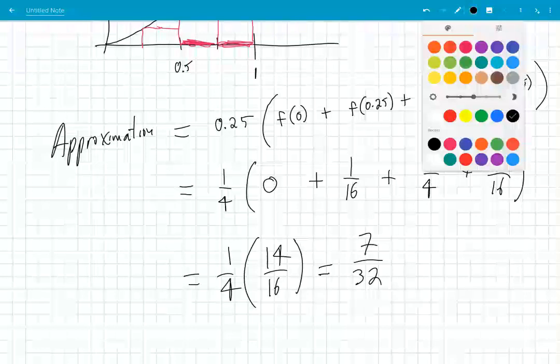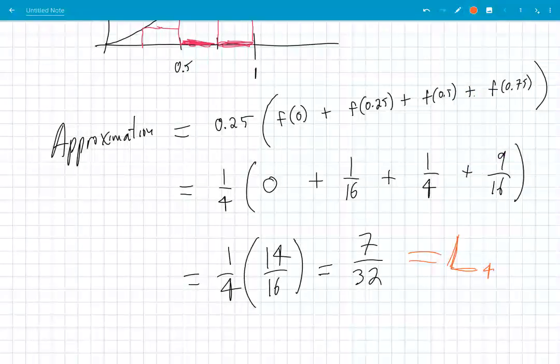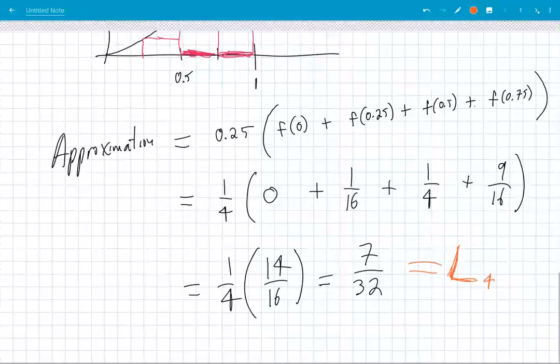Okay, so we use left endpoints here, and we're going to call this L4. L for left endpoints, and then 4 because we had 4 rectangles in our approximation.